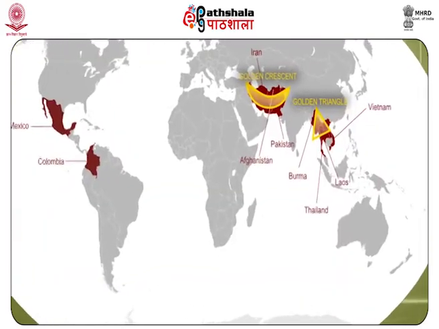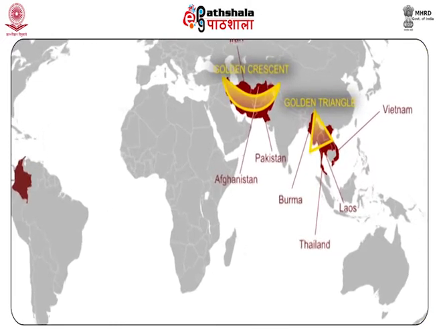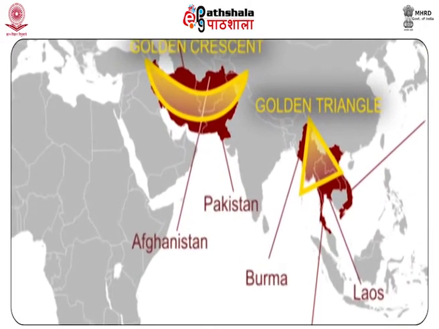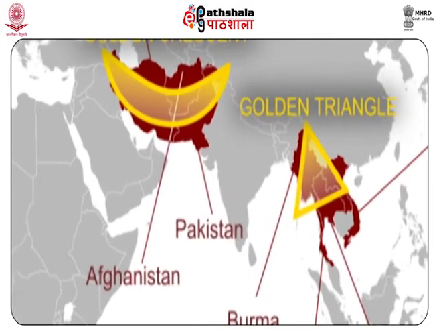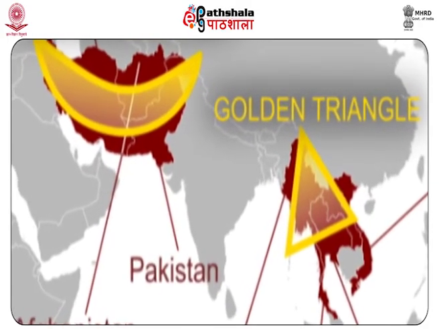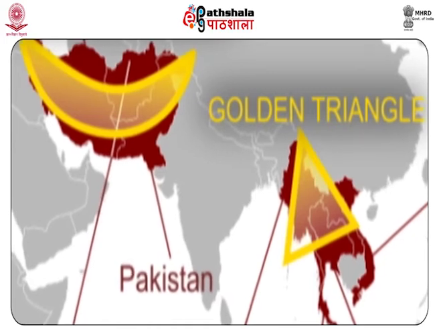India is geographically located between the countries of the Golden Triangle and the Golden Crescent, and is a transit point for the narcotic drugs produced in these regions to the west. India also produces a substantial amount of illicit opium, part of which also finds a place in the prohibited market in different forms.